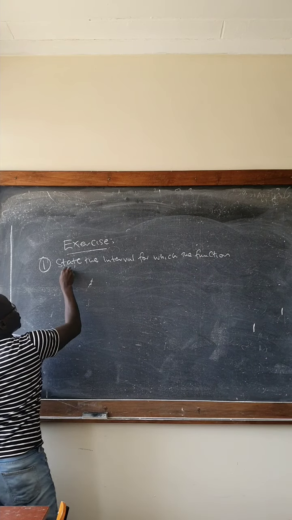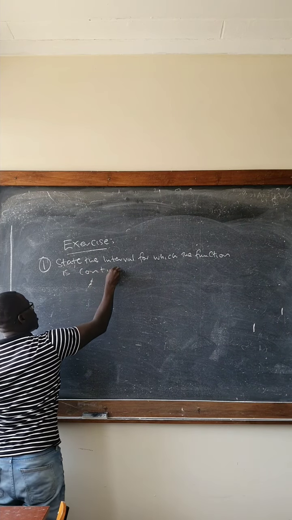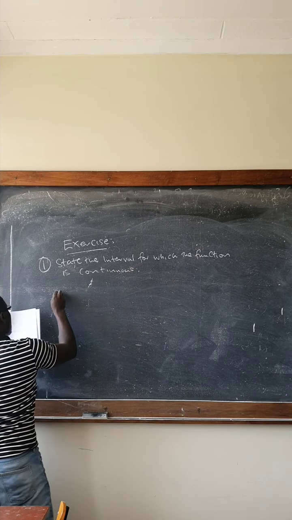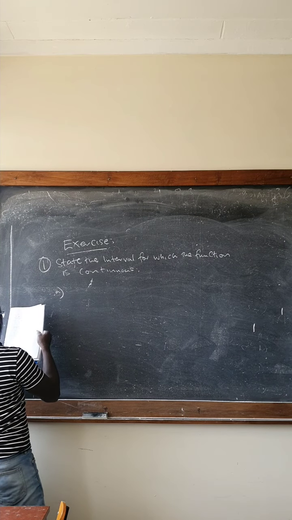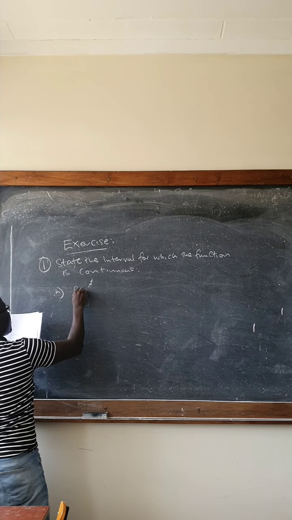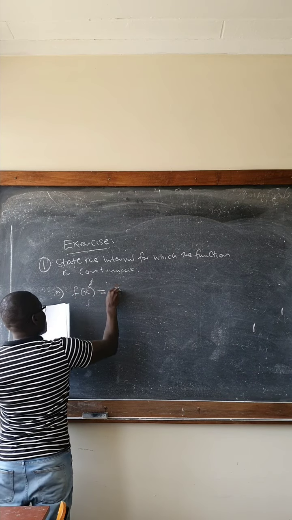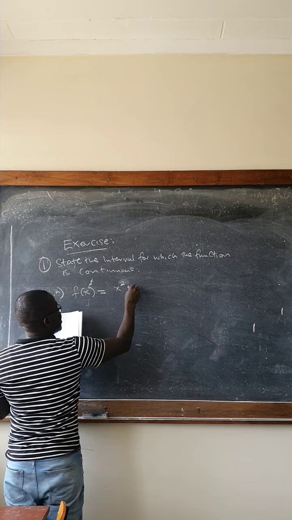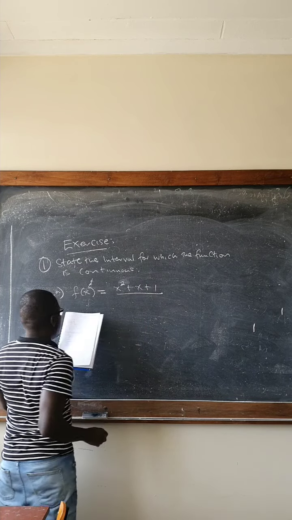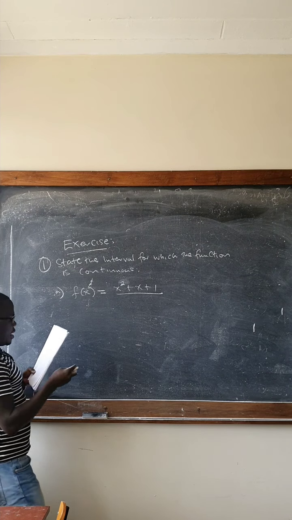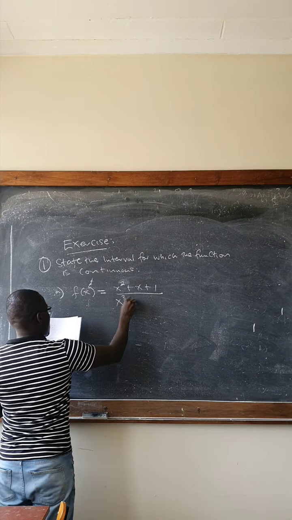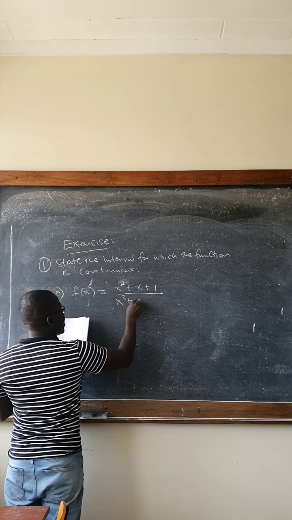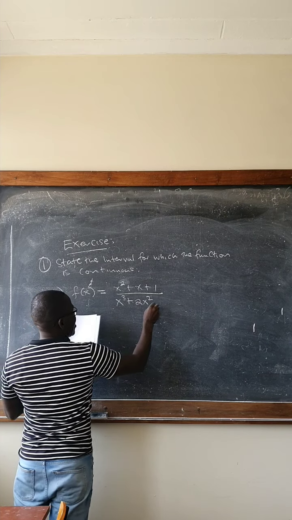And part A is, for example, you have f of x equals x squared plus x plus 1 divided by x cubed plus 2x squared minus 3x.